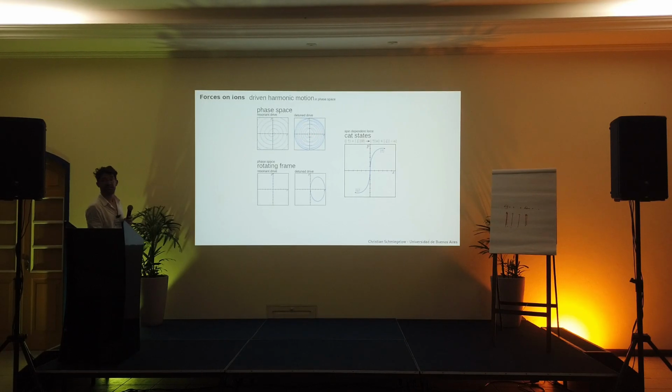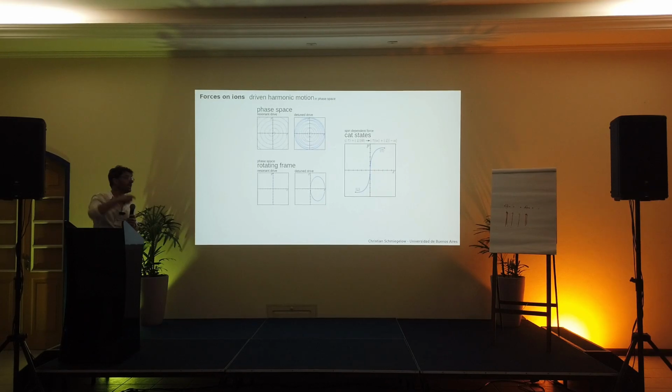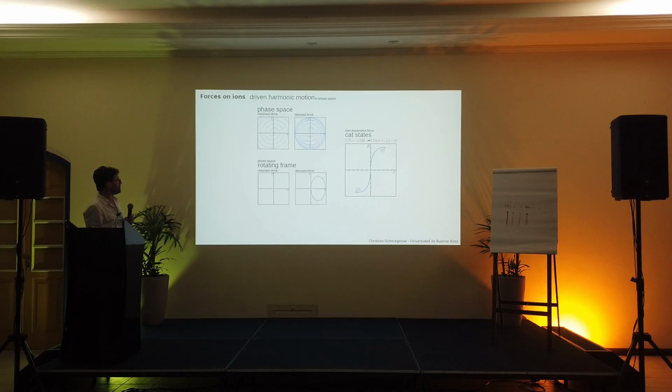After you do that, you will have accumulated a phase, and this phase accumulation is the basis for gates with trapped ions like this. You can also look at this in a rotating frame. Instead of a spiral, in the rotating frame the resonant drive just makes you acquire momentum or position, whatever you want, and the detuned drive just goes out and goes in.